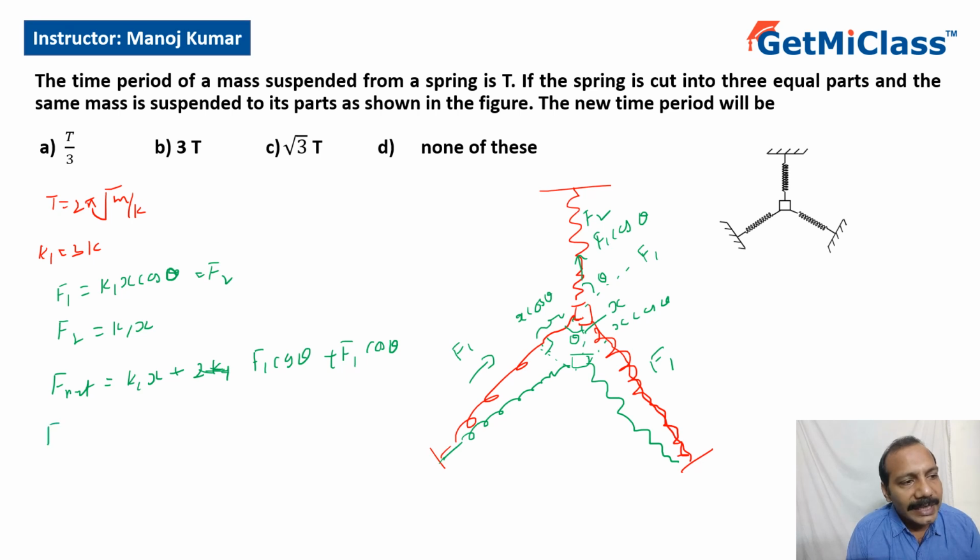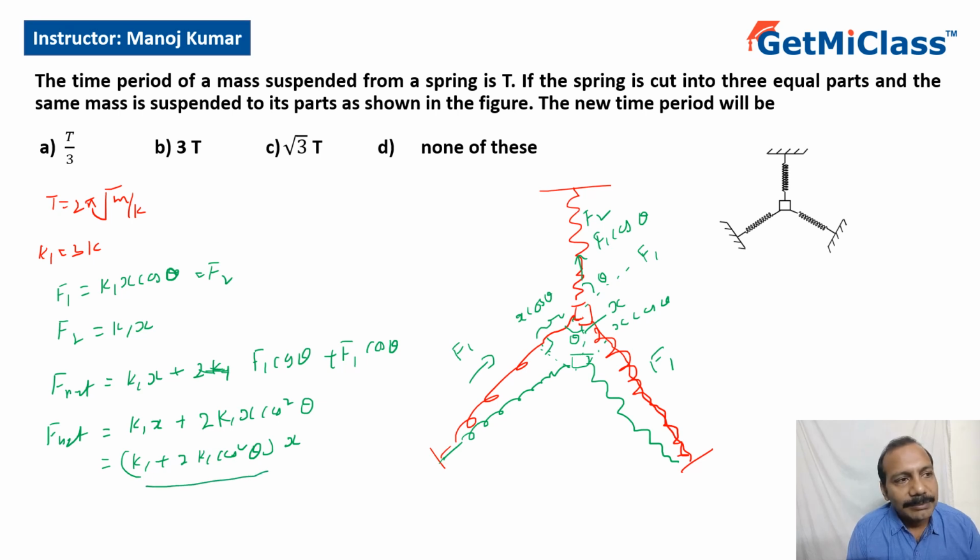So I can say F net equals k1x plus, now F1 is k1x cos theta, so I'll directly write 2k1x cos square theta. From these two things, I can write it as (k1 plus 2k1 cos square theta) into x. This is the effective spring constant of the system.